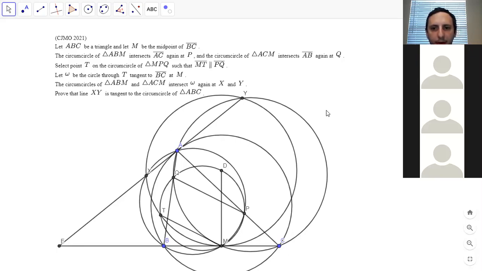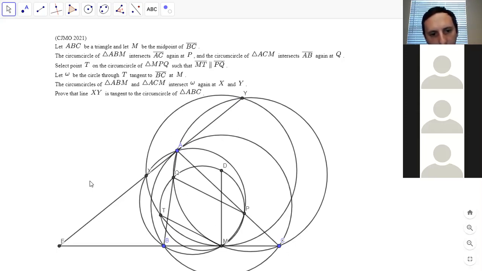No, we don't know they're collinear, but really, if we could show XA is tangent to the circle, then by the same argument, YA would be tangent, and then X, A, and Y would be collinear. So really, we just need to show XA is tangent.